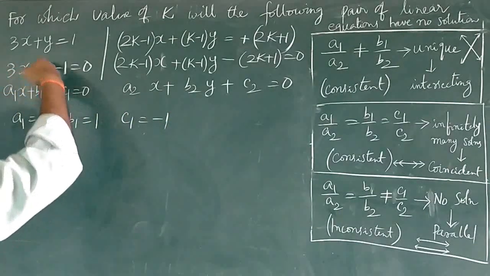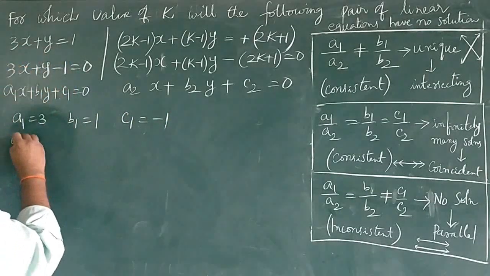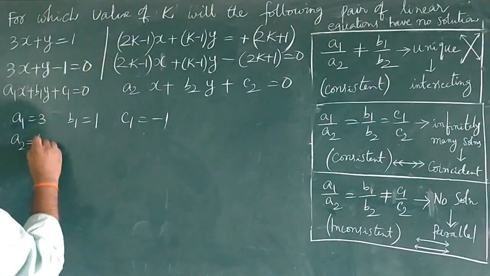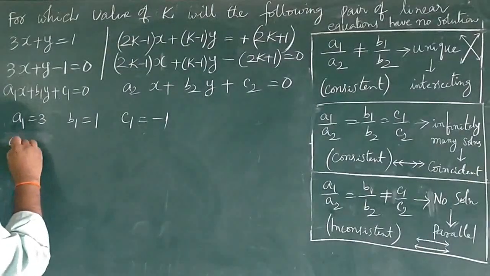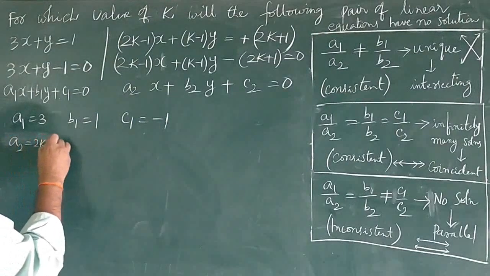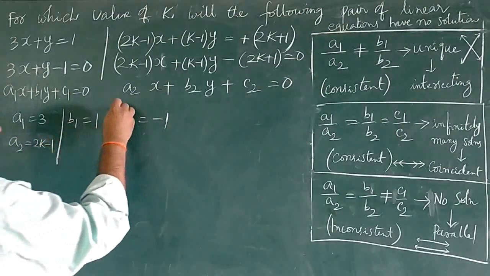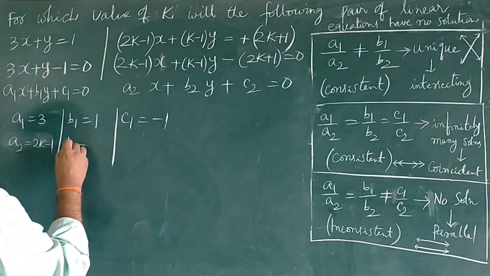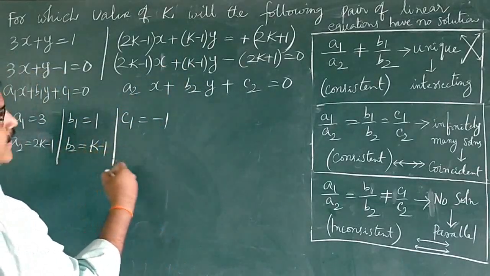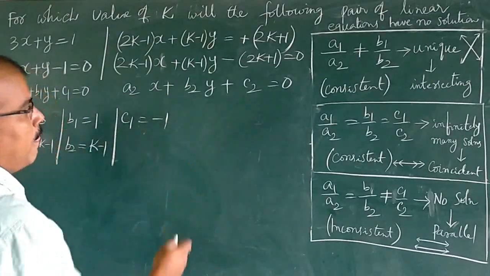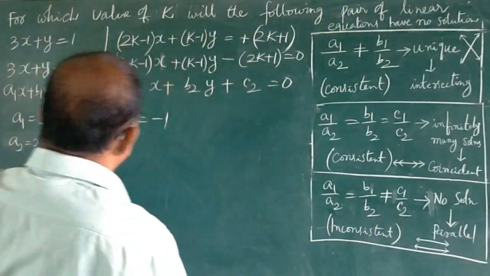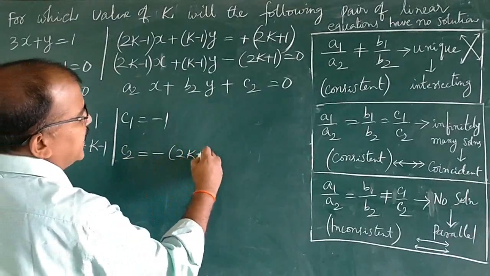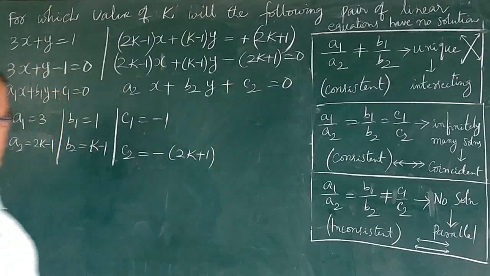Then a2 is 2k minus 1, b2 is k minus 1, and c2 is minus (2k + 1).